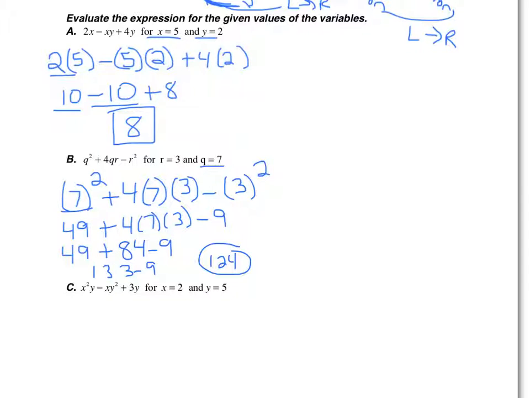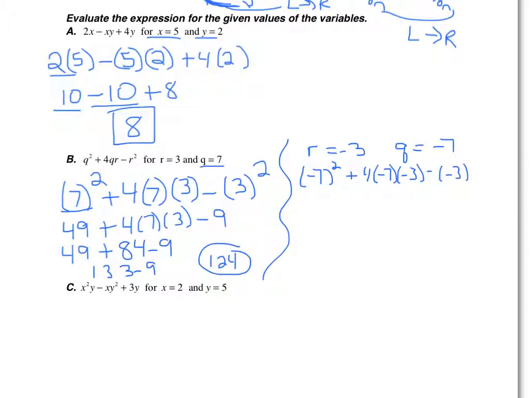What if we had r equal to negative 3 and q equal to negative 7? What would change? In this case, I have q squared, which is negative 7 squared, plus 4 times q, which was negative 7, and r, which is negative 3, minus r, which is negative 3 squared.